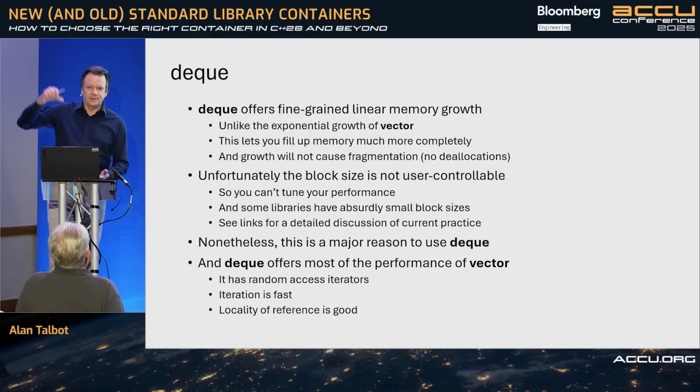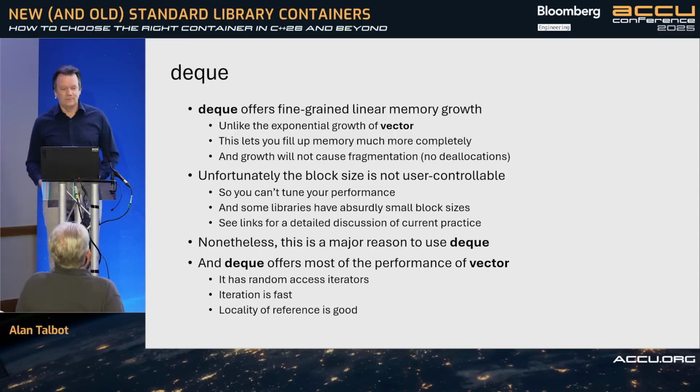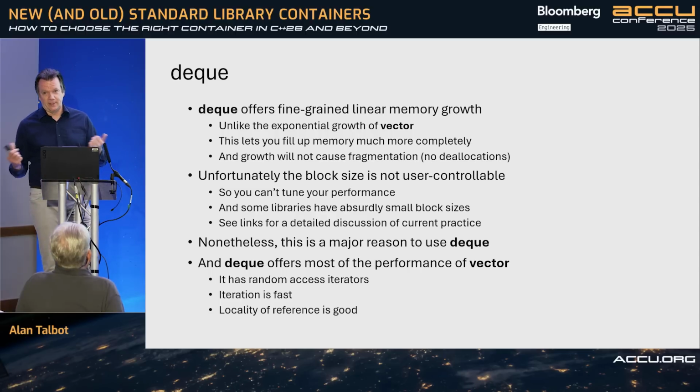Vector, because it's exponential, you can't. We've seen that. But with deque, because the blocks are the same size and they don't get very big, you can fill memory right up with them. Works great. This is much more important, in my opinion, than the fact that it's a double-ended queue. And the growth doesn't cause fragmentation because nothing's ever deallocated if you just keep growing.